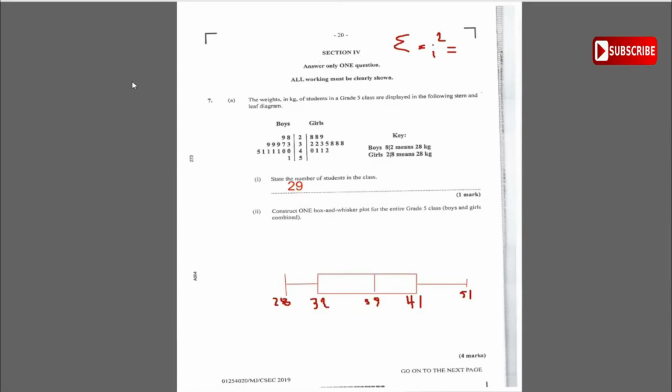So I get 41,025. Now I need the sum of xi.